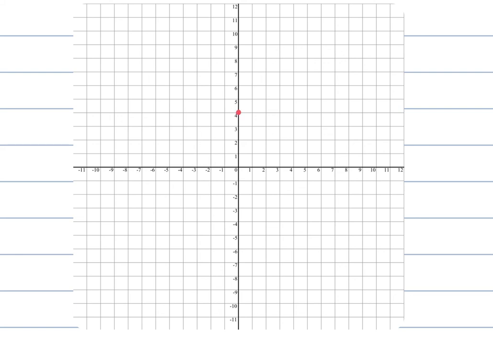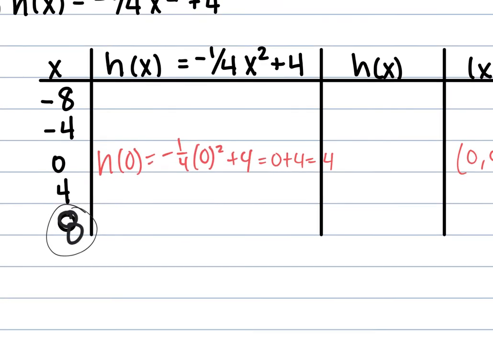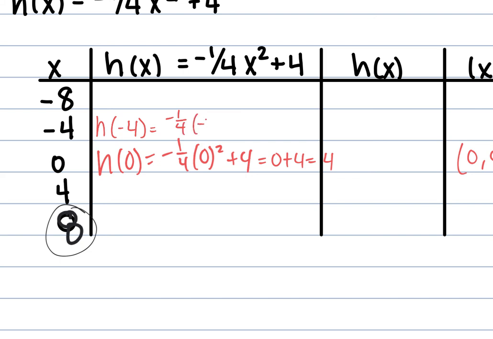Okay? Your next point that I'm going to go over will be negative 4. So h of negative 4 is going to be negative 1/4 times negative 4 squared plus 4. You guys, negative 4 squared is negative 4 times negative 4, which will give you a positive 16. Not a negative 8 and not a positive 8, a positive 16, okay?